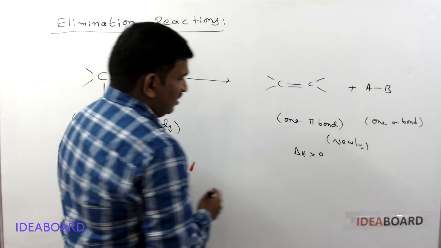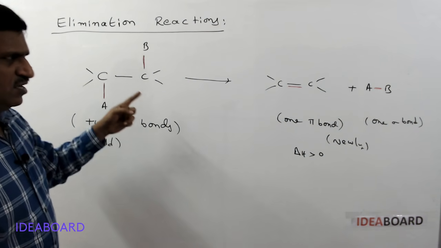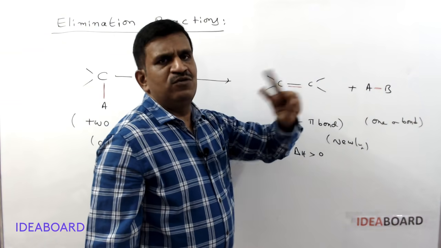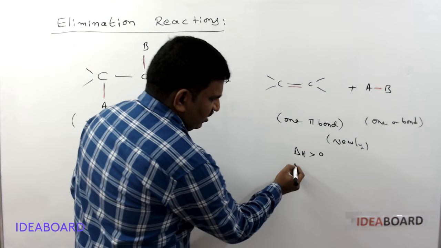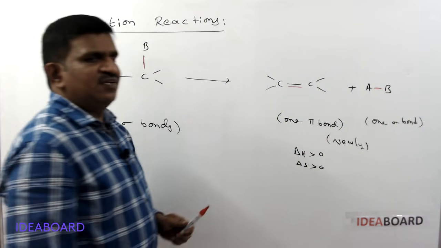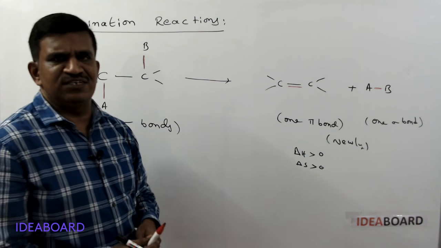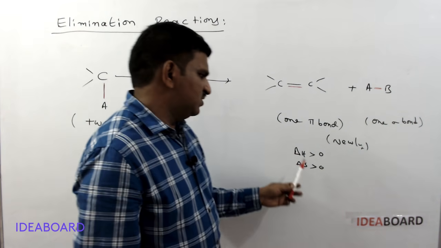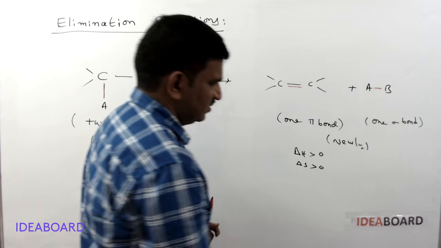If we have one molecule here but 2 molecules after the reaction, the randomness or entropy is also increasing, as you studied in the first year. So delta H increases and randomness also increases.